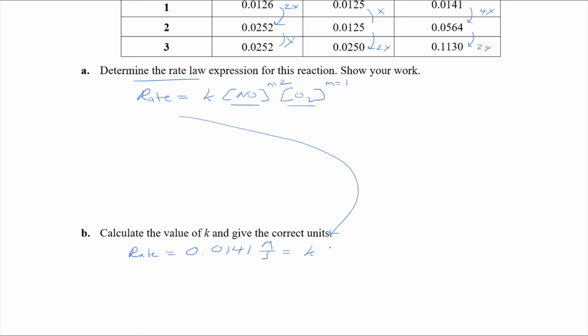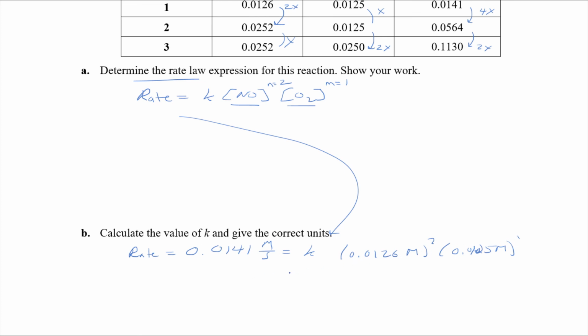That's going to equal K. And then my concentration of nitrogen monoxide, right, that's going to equal 0.0126 molar squared, right, because that's second order, times 125 molar raised to the first power, which you don't even need to write down.